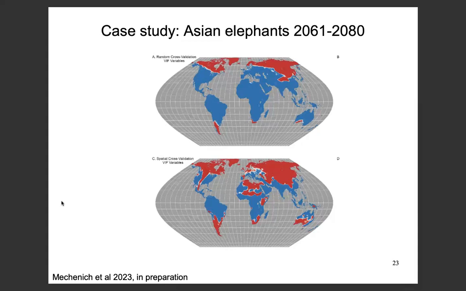The original training data was only from this region, so there is also extrapolation naturally in this task. The main point here is that the predictions are very different, and we have no way of knowing which one is the right one. But from the discussions with experts and elephant researchers, this seemed to be more reliable.